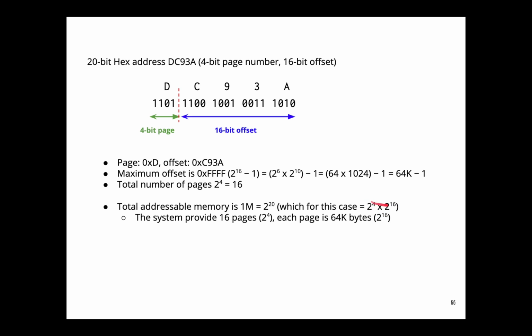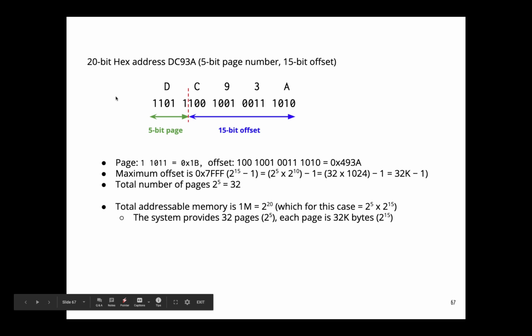Why am I using these two numbers? Because the page is encoded as a 4-bit value and the offset is encoded as a 16-bit value. So practically, the system has a total of 16 pages and the size of each page is 64K, which is 2 to the power of 16.